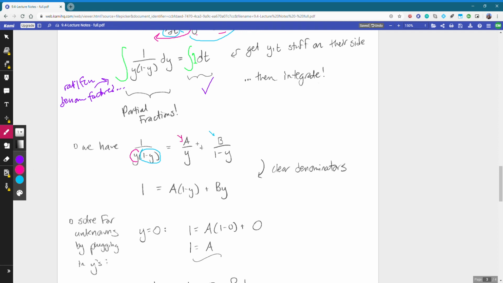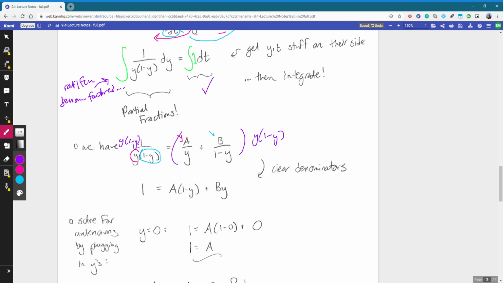And then we just need to clear denominators, multiplying both sides by our denominator y times 1 minus y. And when the dust settles, we're left with what we see here.